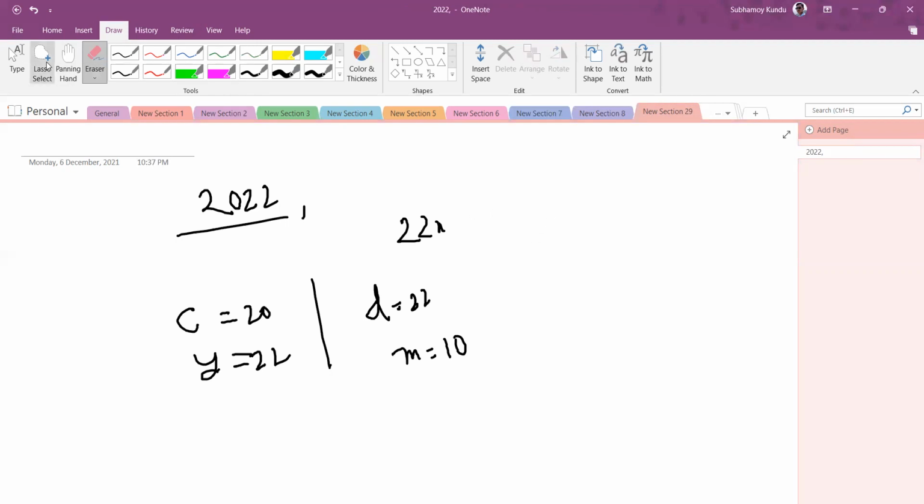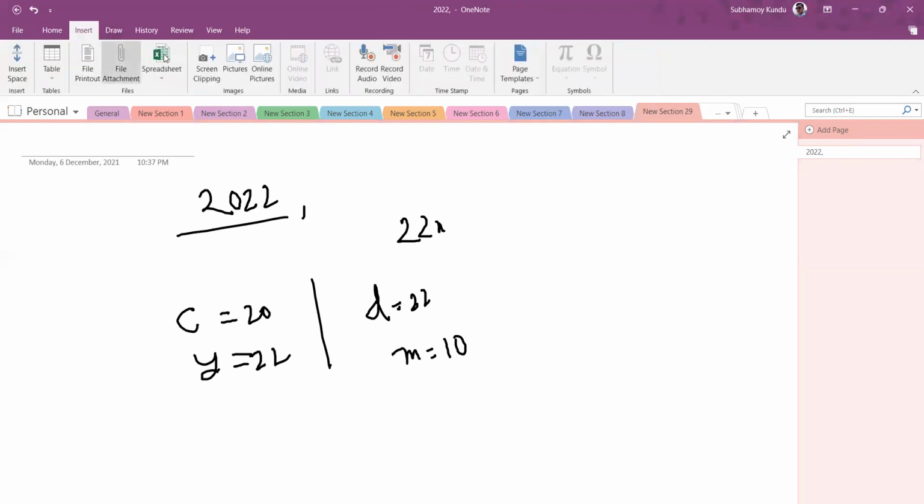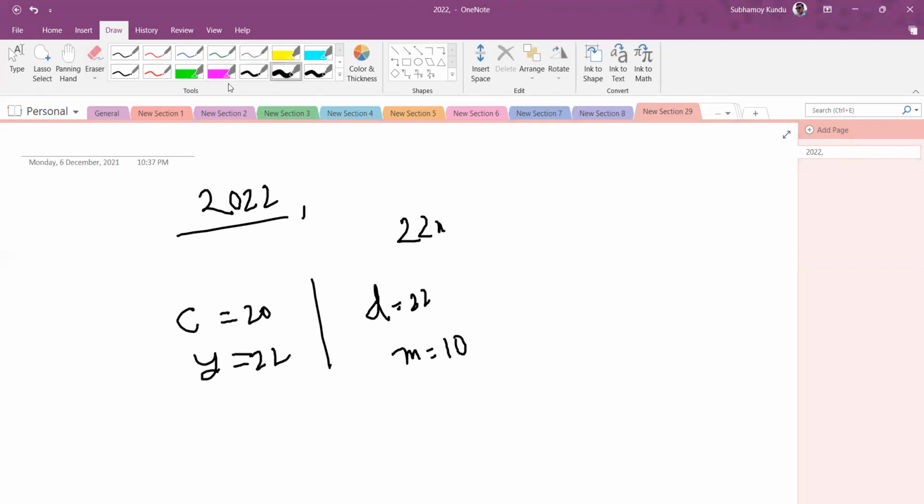Then c is 20, but y will be 22 minus 1, 21.